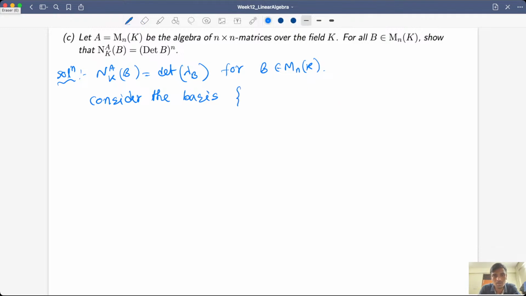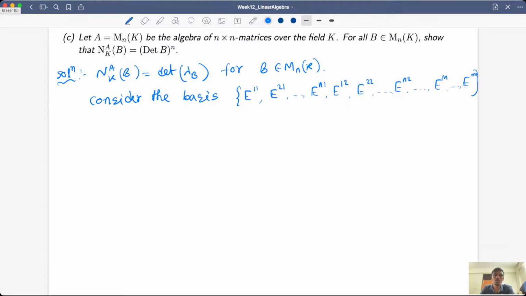I'll first consider E11, then E21, up to En1, and then E12, E22, and so on up to En2, and continuing up to E1n through Enn.